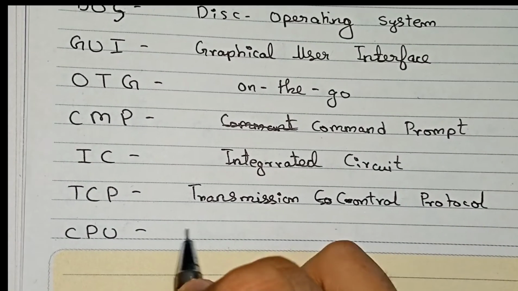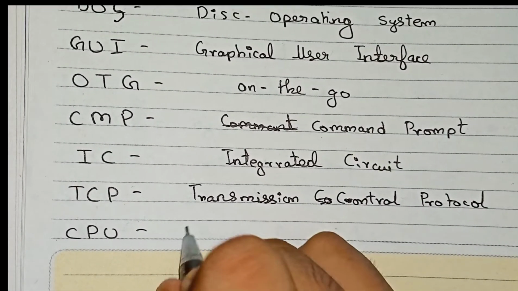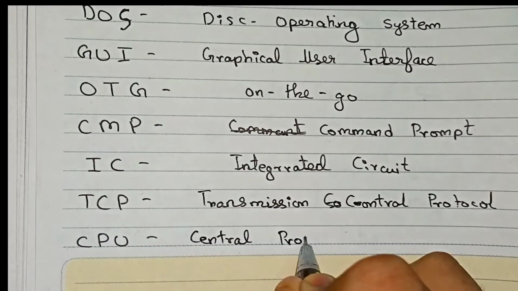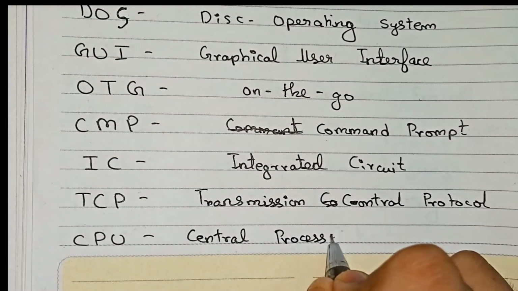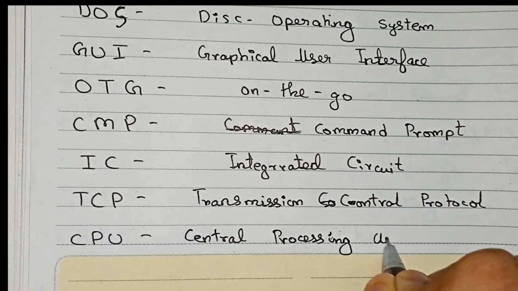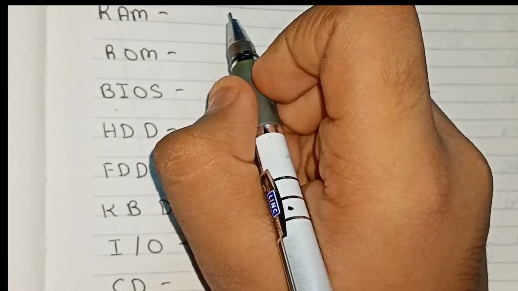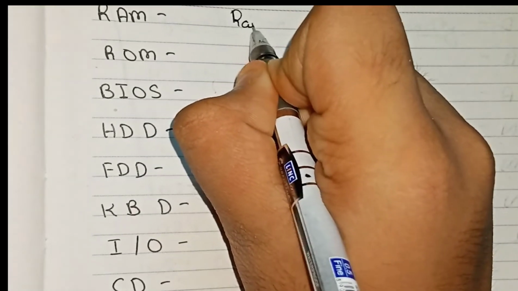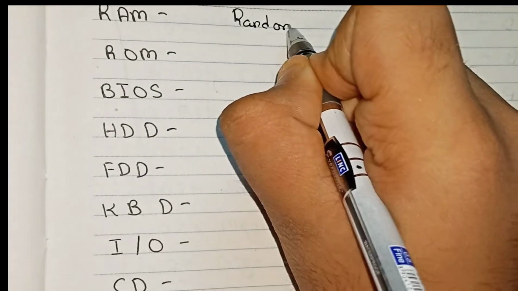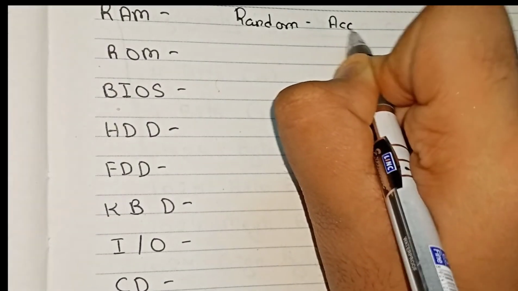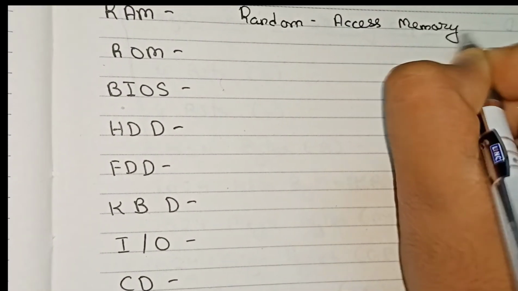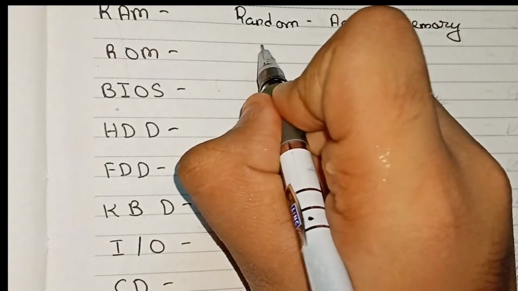Next is CPU, that is central processing unit. Next is RAM, that is random access memory. Next is ROM, that is read-only memory.